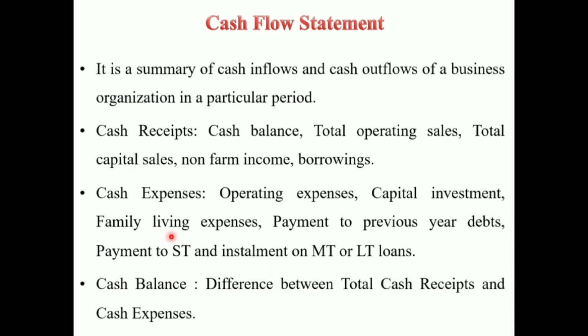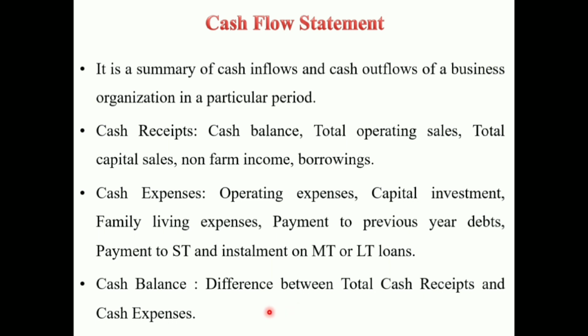Then family living expenses are the expenditure towards food, shelter, medical, education and other items. Payment of previous year debt, payment of short term loans and installment on medium term and long term loan. Then cash balance is the difference between total cash receipt and total cash expenses.